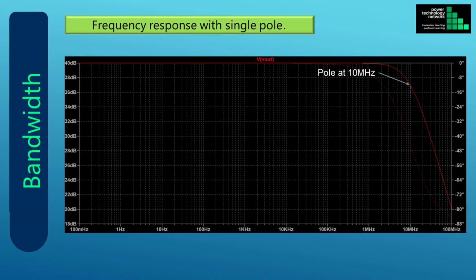This is the pole at 10 MHz due to the RC circuit that was added. The solid red curve is the variation of the amplitude with frequency. And the dotted red curve shows the variation of the phase shift between the input and output as a function of frequency.